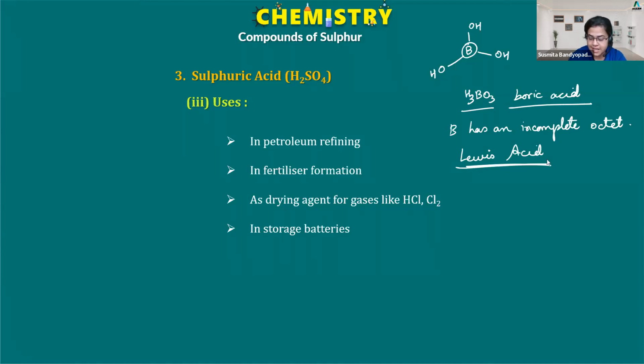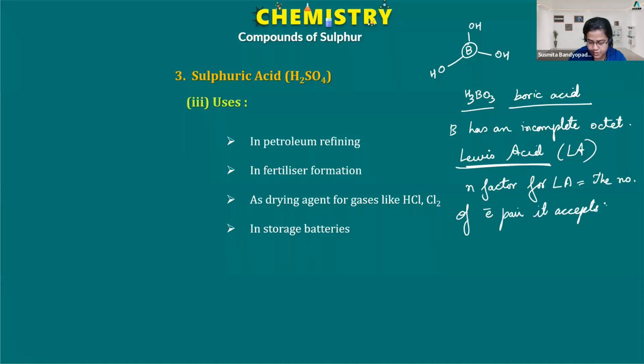Number 2. When it acts as a Lewis acid, how do we find its n-factor? The n-factor for a Lewis acid will be equal to the number of electron pairs it accepts. It already has 6 electrons.